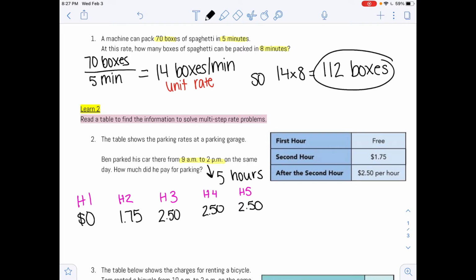Okay, so I have 0 plus 1.75. Well, that still equals $1.75. I have 3 groups of $2.50, so I can add $1.75 plus 3 groups of $2.50. Altogether, Ben paid $9.25.